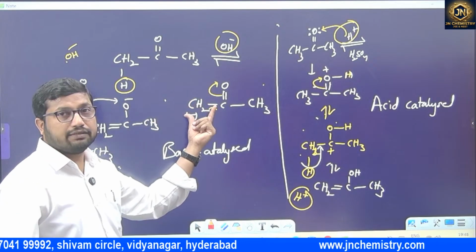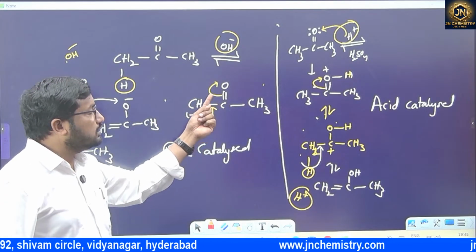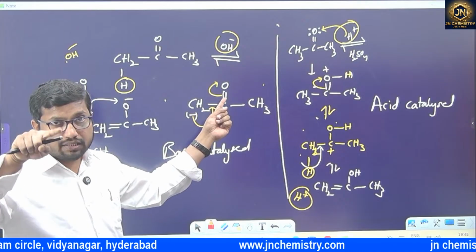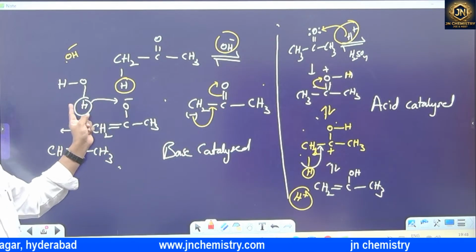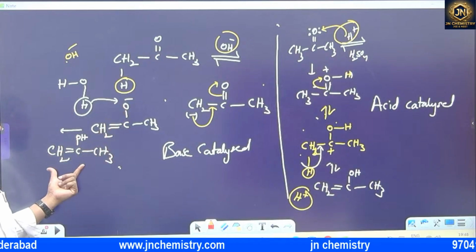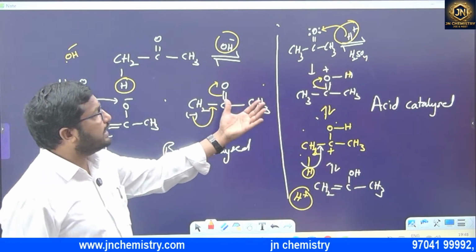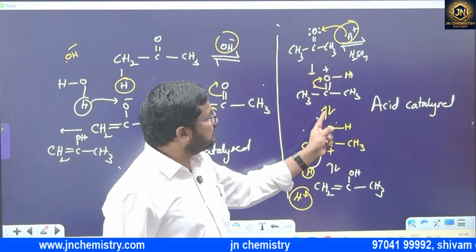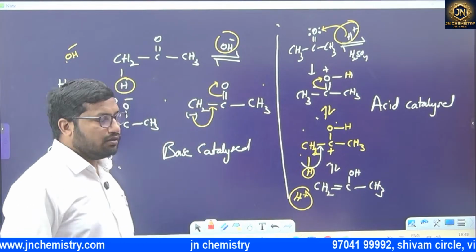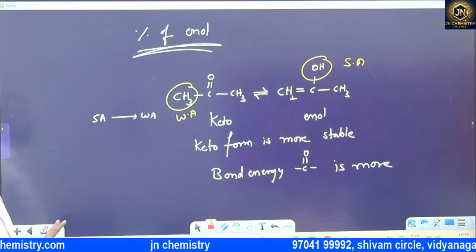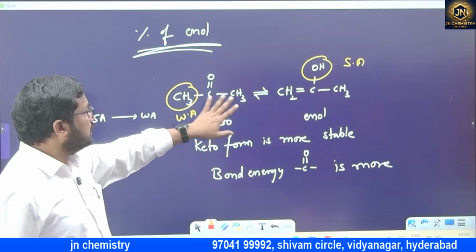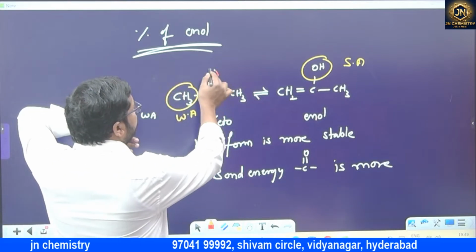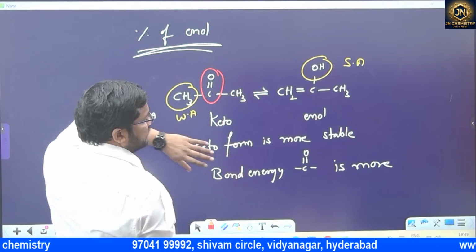If the negative charge is present at the oxygen atom, that is more stable, so then water gives the proton, so we'll get this. When in the case of acid catalyzed, acid is giving this one. So I already explained both. And percent of enol content, in keto form, enol form cases, C double bond O bond energy is more.